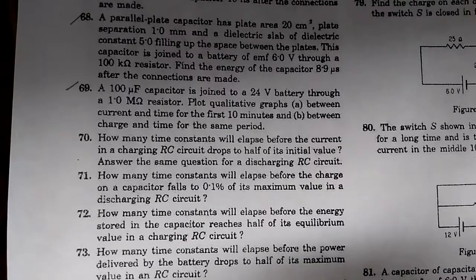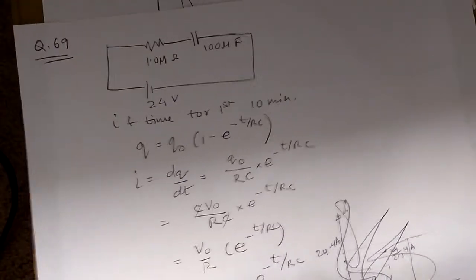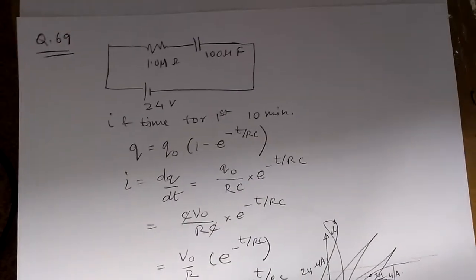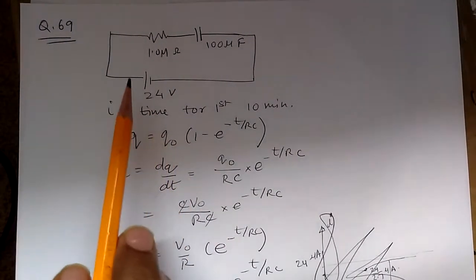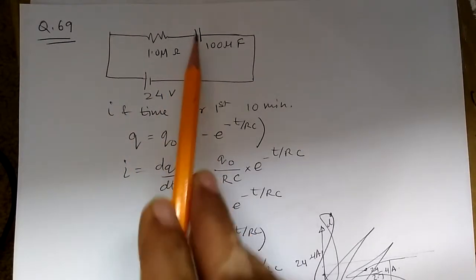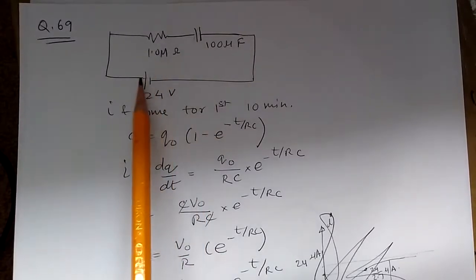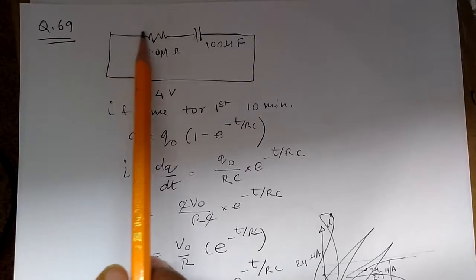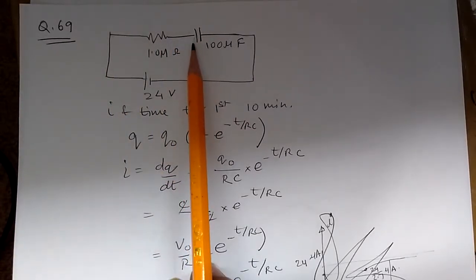So once we have a capacitor connected through a battery, something like this, the current starts flowing. Initially there is 0 voltage across this capacitor and 24 volt here. So the current starts flowing through this resistor, trying to charge this capacitor.